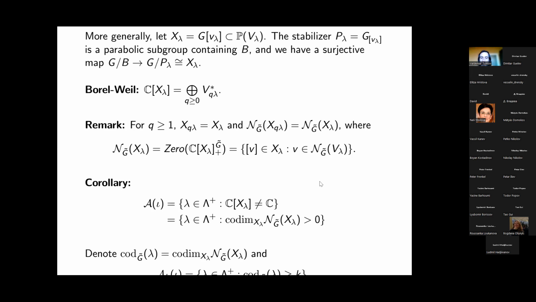So here is a number that sticks out, just the codimension of the null cone, which depends on lambda, so that we are taking this irreducible representation in the orbit of the highest weight vector, and on G tilde, the subgroup which is acting and by which we are looking at invariants, and by which we have a null cone.